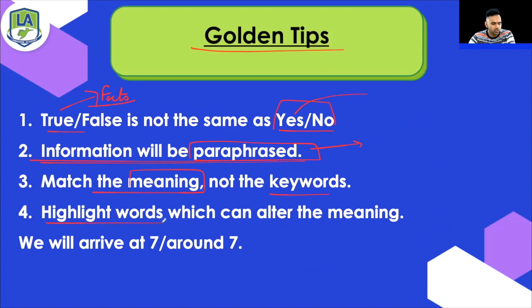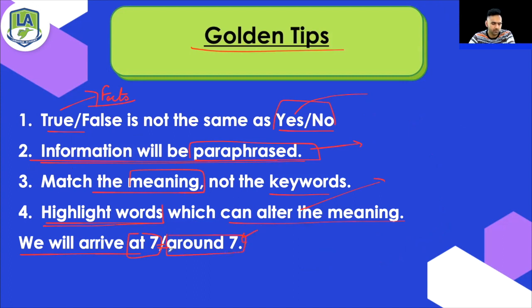Very important, whenever you solve, you need to highlight words which can alter the meaning, which can change the meaning. For example, one statement says we'll arrive at 7, another one says we'll arrive around 7. Both sound the same, but they're not the same. At 7 means exactly at 7. Around 7 means somewhere around 7, but not exactly at 7.